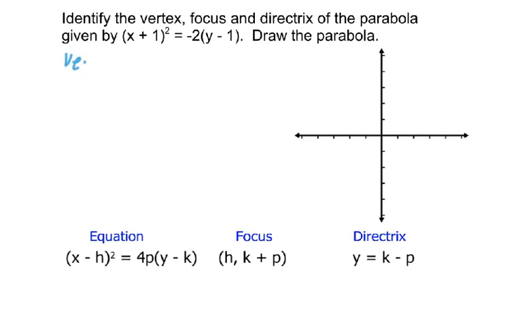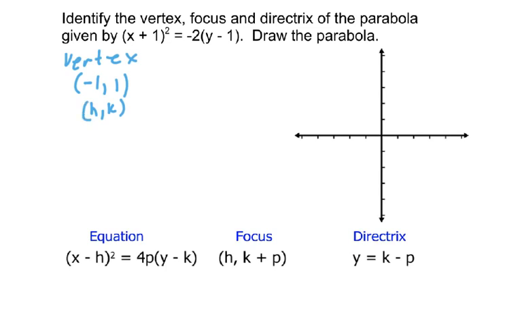So if we're looking for our vertex, we are going to take the numbers that are in the parentheses with our x and y terms. And then, of course, it's going to be opposite sign since they're both inside the parentheses. So our vertex is actually -1, 1. That's our h, k value.